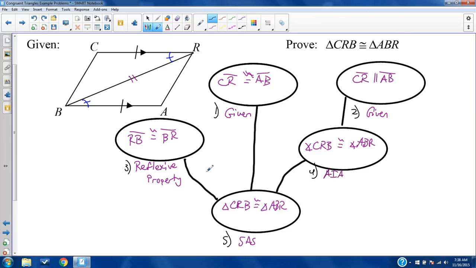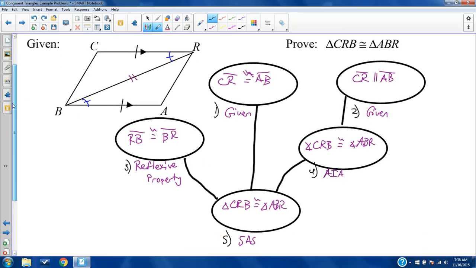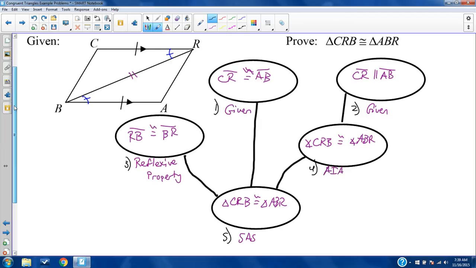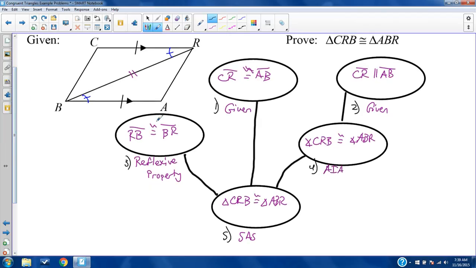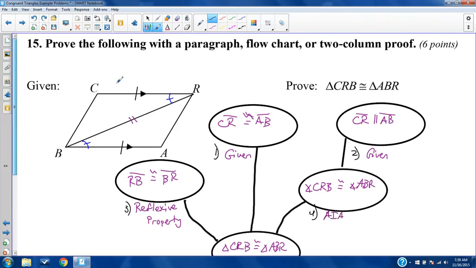So that's how these things connect. It's not as organized looking as a two-column proof, but it does help you connect better how you made previous statements. And you can rewrite this one as a two-column proof very easily. These are the statements, these are the reasons below, and they're actually numbered. I even numbered them for you. So you could do that, and you have it good to go. And that's enough, and we have proved it. And that's it.